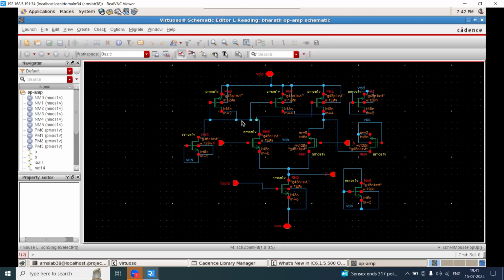We can simply draw one straight line and connect it directly. In order to make you understand, from one point I have connected these things. This is one diode connected device, and this is the slave device or child device.